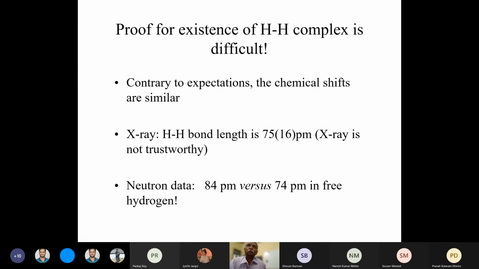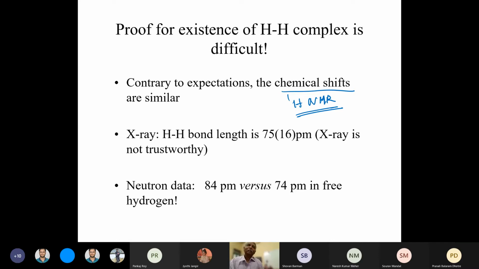First of all, it's very difficult to prove that a H-H bond is there. Contrary to what you might expect, the proton chemical shift, 1H NMR, is very similar for dihydride and hydrogen.